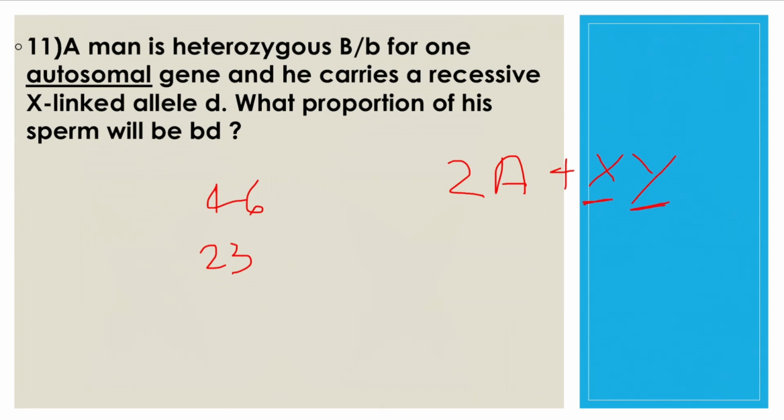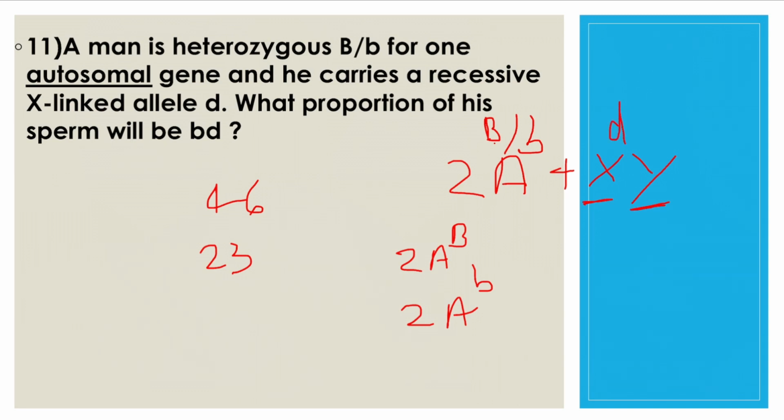But here they are saying that one autosome has 2 types of allele. It means different. Either it will be 2A with capital B or 2A with small b. So it will be like this: 2A capital B or 2A small b. 2 types of autosomes in this situation. And X also has a linked gene, that is d.